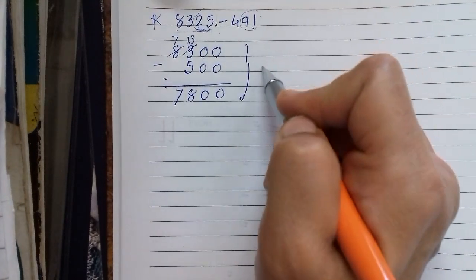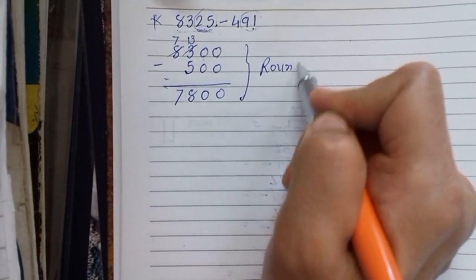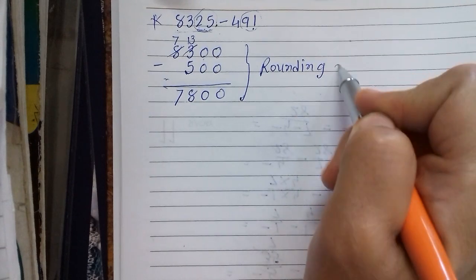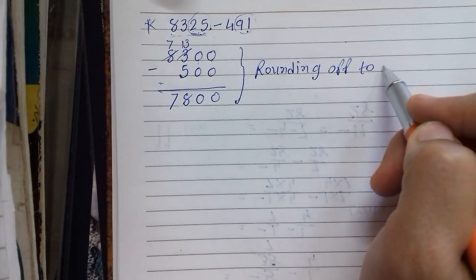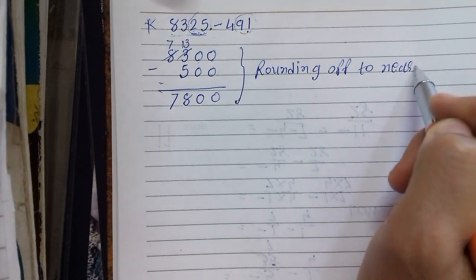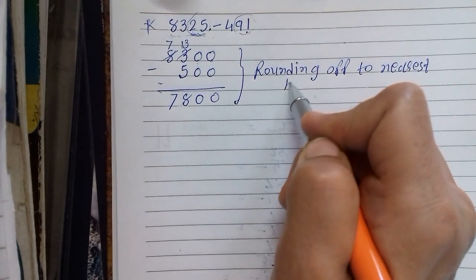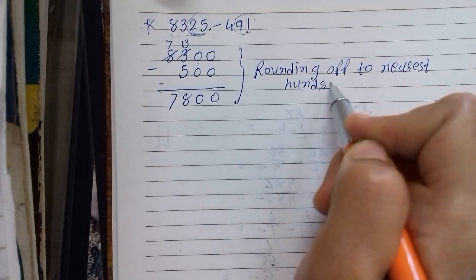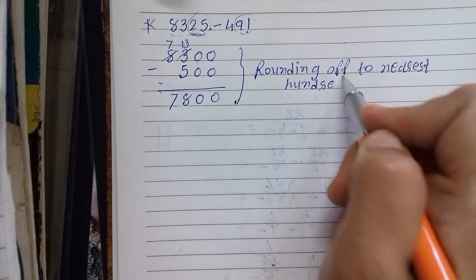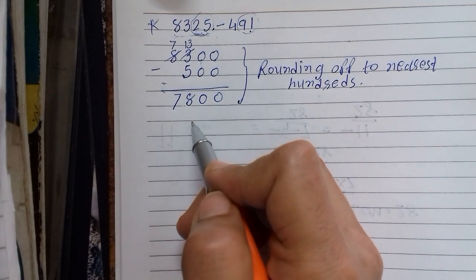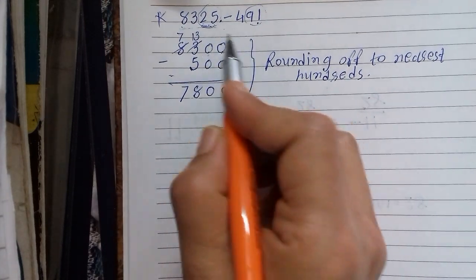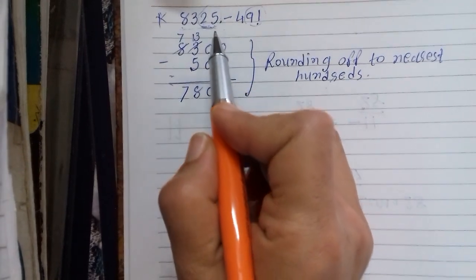So this is rounding off to nearest hundreds. Now rounding off to nearest tens.